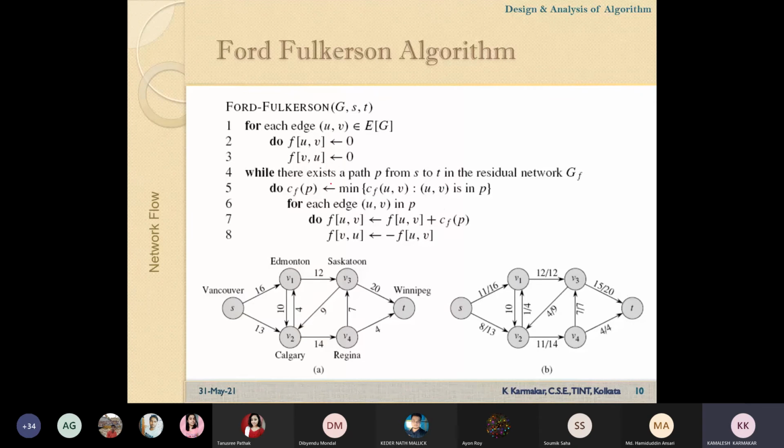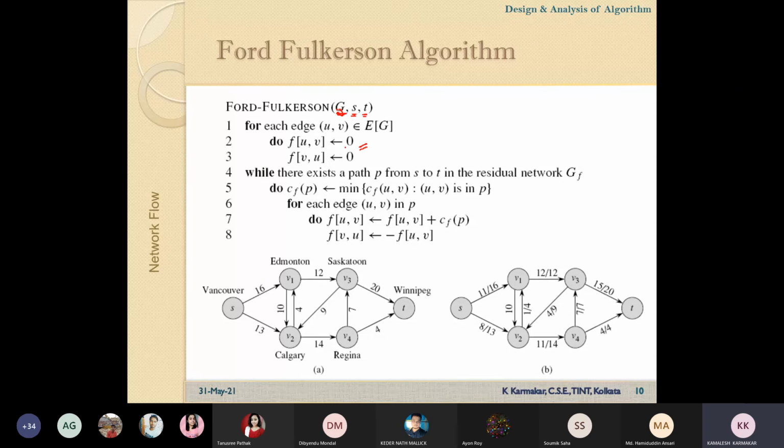So if a graph is given, this is the graph, this is the starting vertex and this is the sink. So source and sink are given in a graph. Now for each and every edge of the graph, we will initialize the flow as 0. So we are assuming that initially there is no flow.